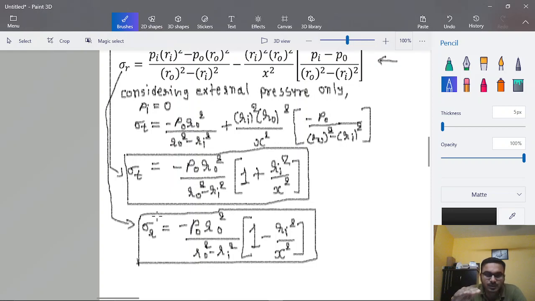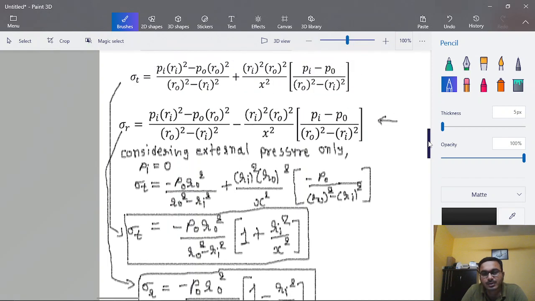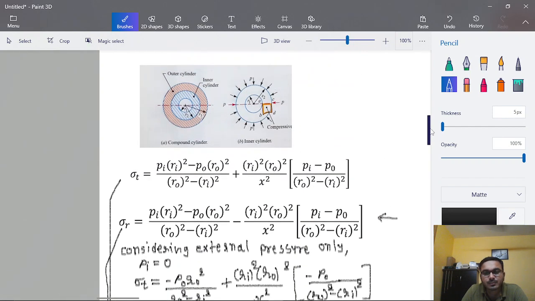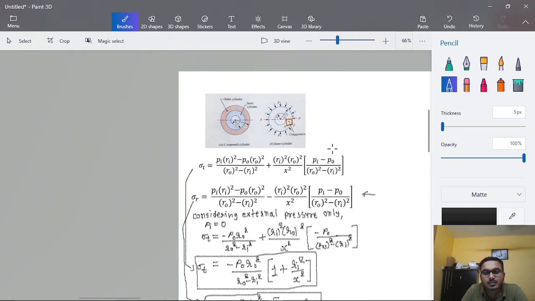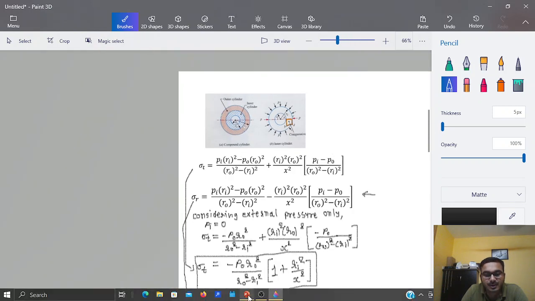Now we will obtain the same equations again for the consideration of internal pressure only.